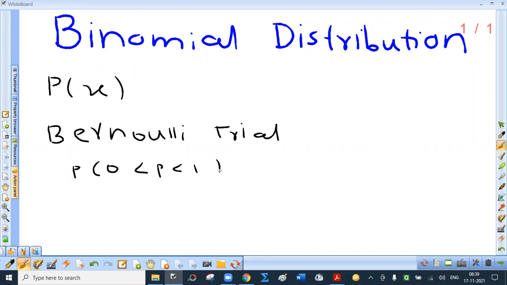Now, the next part is binomial distribution. Listen to me carefully. An experiment of n repeated independent Bernoulli trials is called a binomial experiment. So what is a binomial experiment? An experiment of n repeated Bernoulli trials is called a binomial experiment.